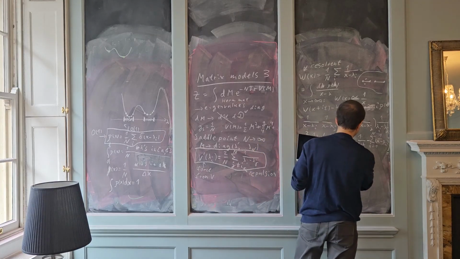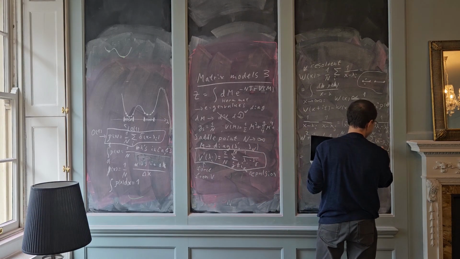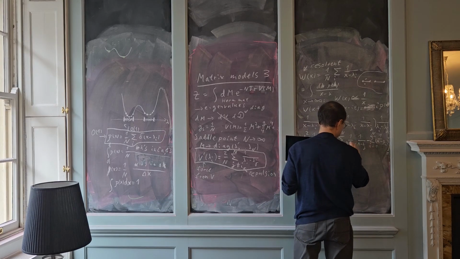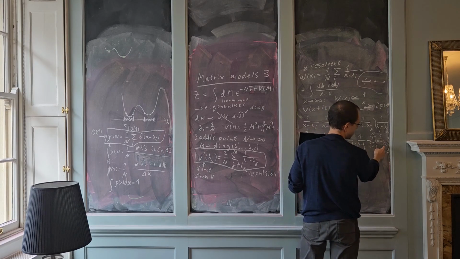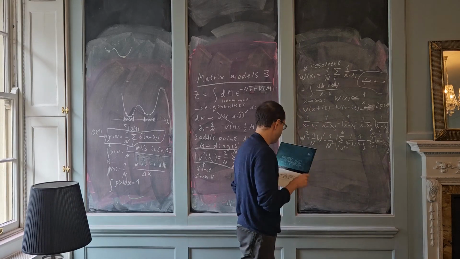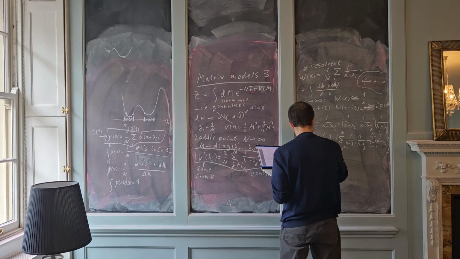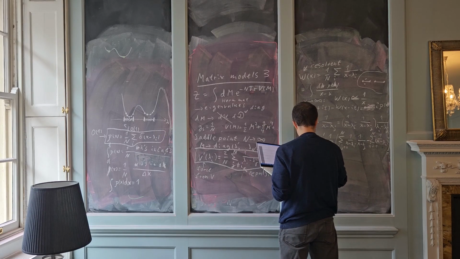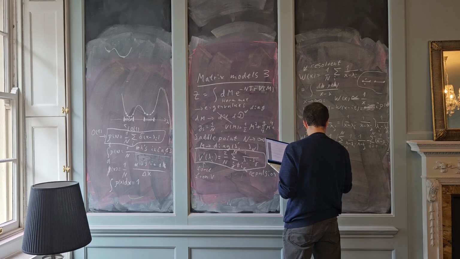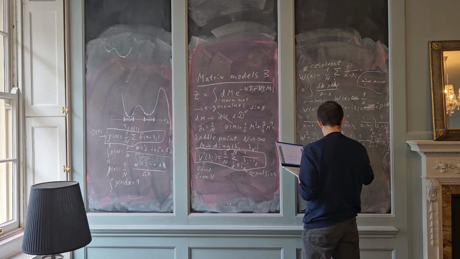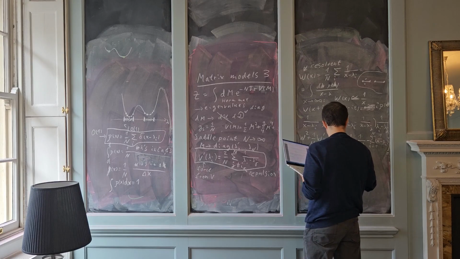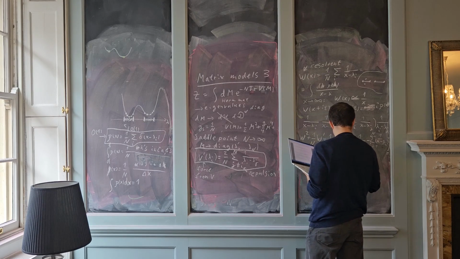The terms with i equal to j will be exactly cancelled by this one, because this will be just x minus lambda_i squared, which is exactly what we have here. So what will remain is 1 over n squared times the double sum, i and j going from 1 to n, with i not equal to j, of 1 over x minus lambda_i, x minus lambda_j.